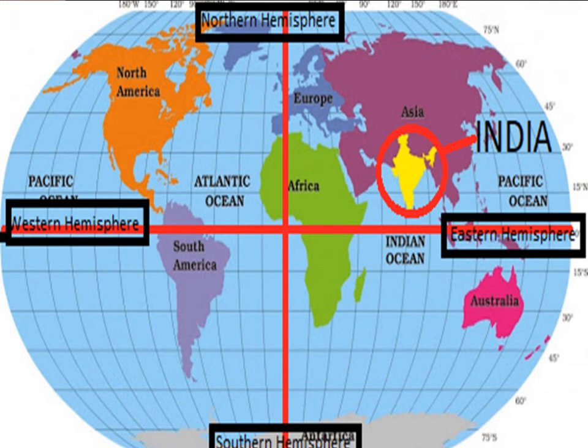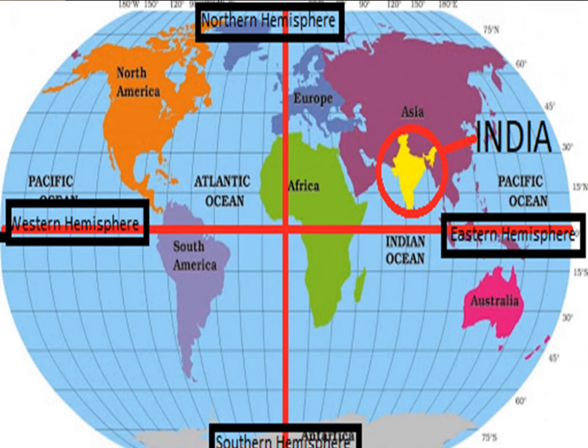Now we will take the prime meridian or Greenwich meridian. So you can see a vertical standing line, that is the prime meridian, that is 0-degree longitude. Now this 0-degree longitude divides the earth into two equal parts. At right hand side you have Eastern Hemisphere and at left hand side we have Western Hemisphere.